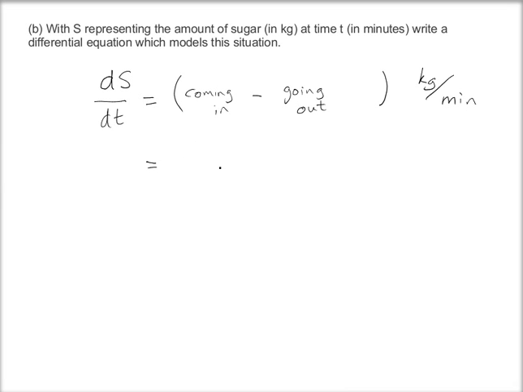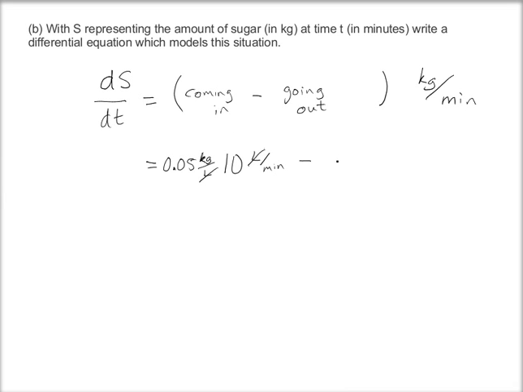Coming in, we've got 10 liters of solution per minute, and in that solution we've got 0.05 kilograms of sugar per liter. So we can cancel our liters here, and if we multiply these together, we have 0.05 times 10 kilograms per minute coming in.